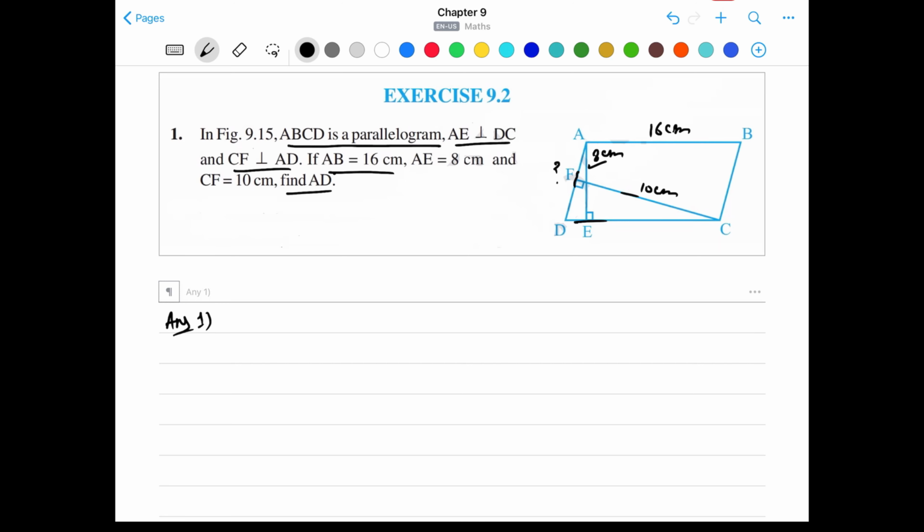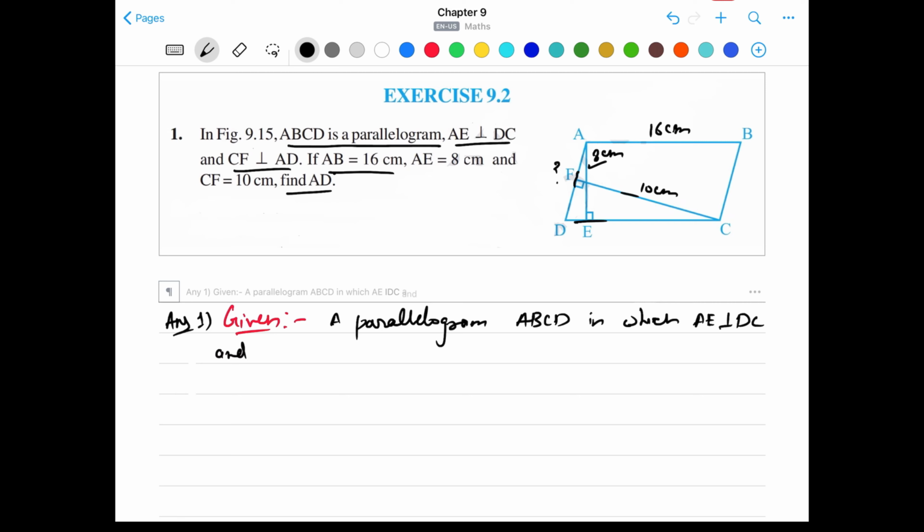First we'll write what is given to us. Given here is a parallelogram ABCD in which AE is perpendicular to DC and CF is perpendicular to AD.